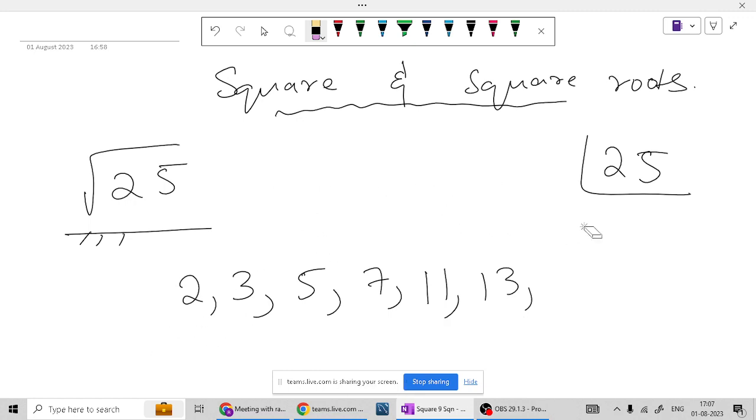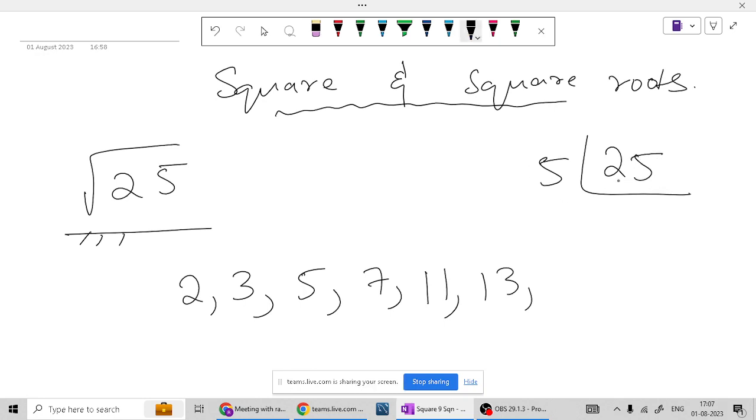Now there is 25, and we always go with the last value, 5. Which number will you choose, 2, 3 or 5? 5, sir. Remember it like LCM. For LCM we usually have two values, but there is one here.